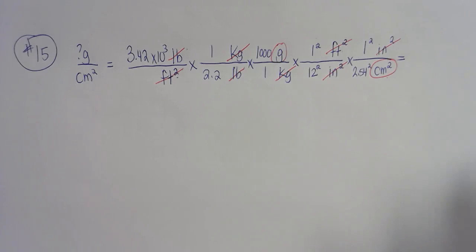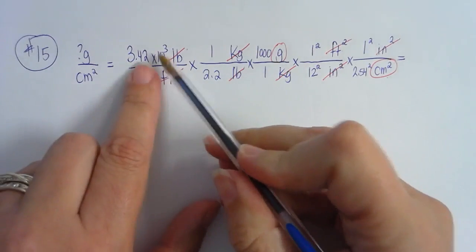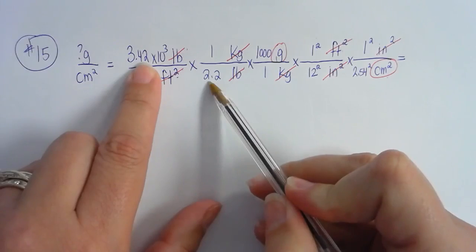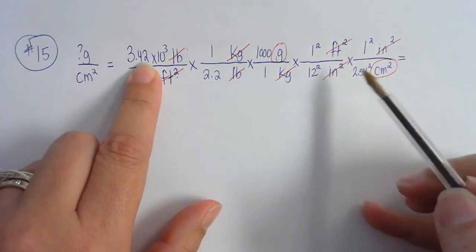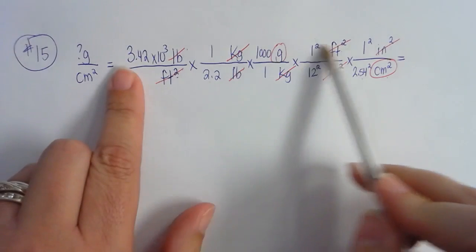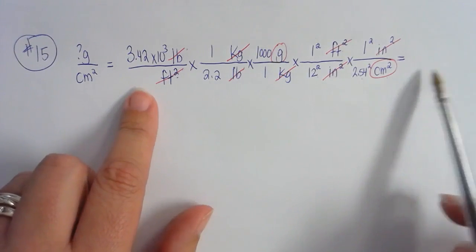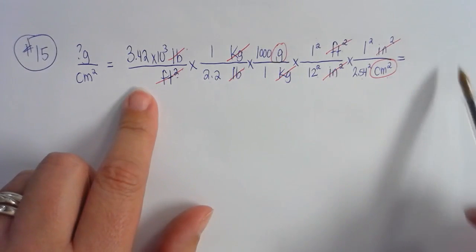People approach solving this problem 2 different ways. What I typically do is start with this number, then divide by the 2.2, multiply, and then divide and divide and get an answer. Or you can multiply the whole way across the top and get an answer, multiply everything on the bottom and get an answer, and then divide your answers to simplify.